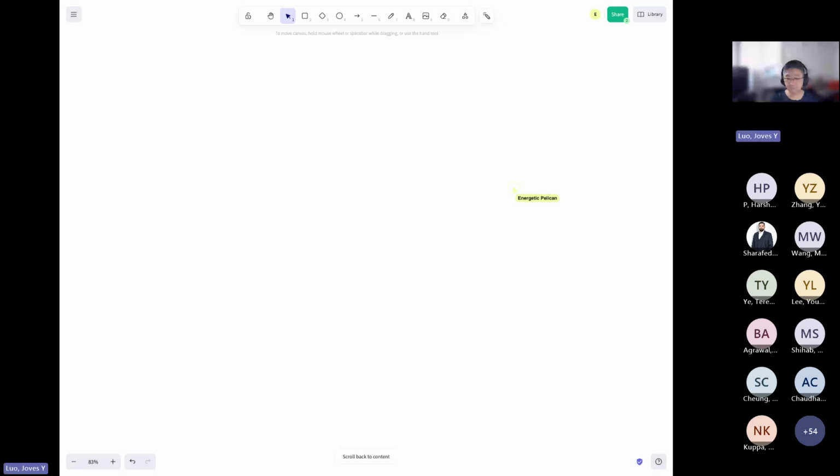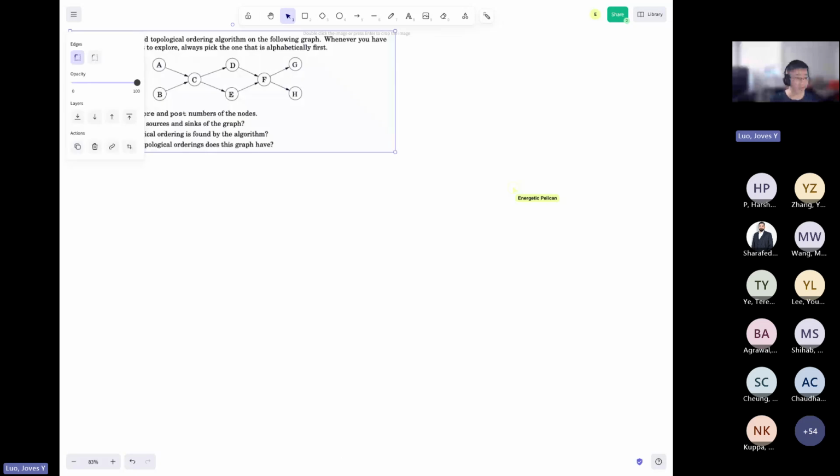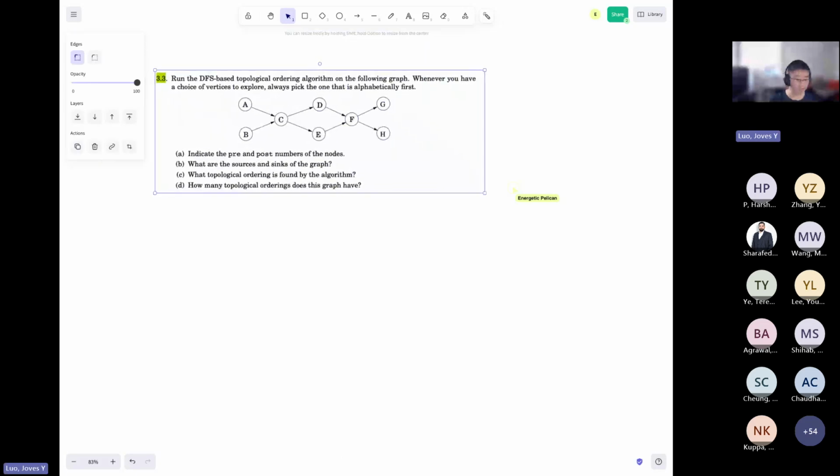I think 3.3 is just going to have you walk through it. You have the solutions in front of you, but I'll try to walk through it live so that we can get an understanding of what to do.